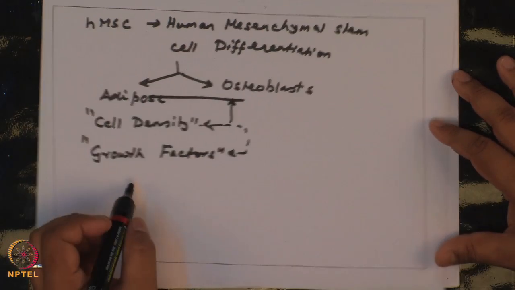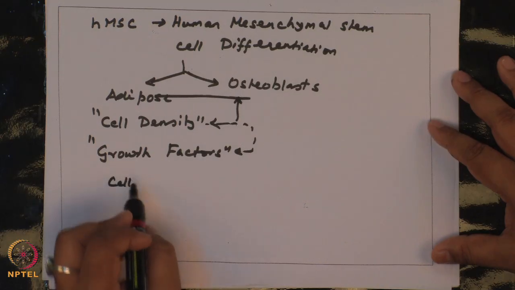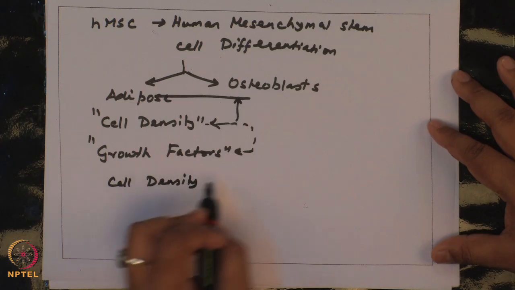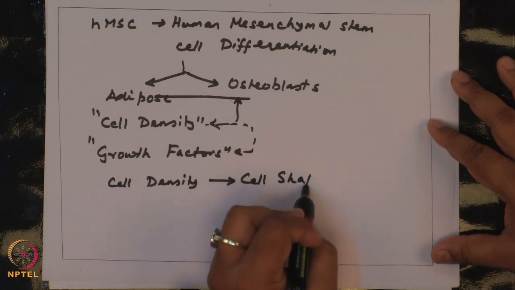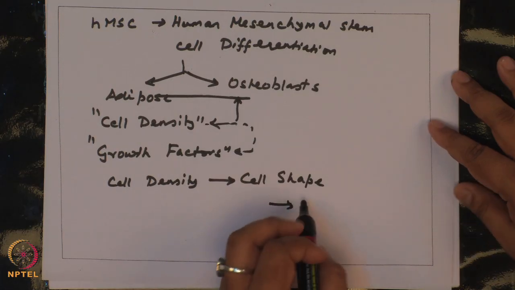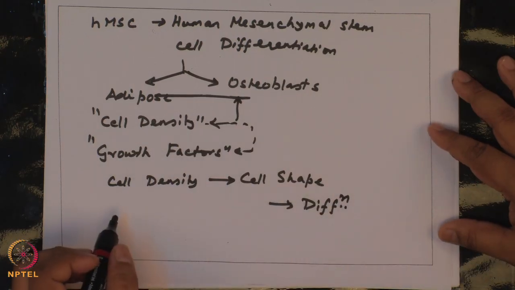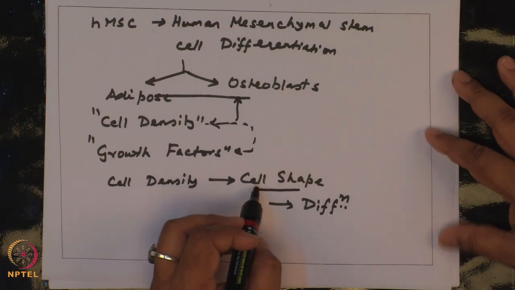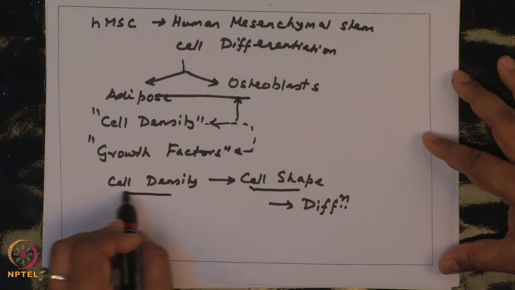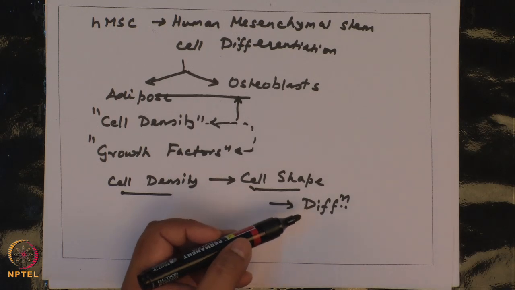Imagine this picture: cell density actually impacts the cell shape, and cell shape then impacts the differentiation status. So, we are saying that it is the phenotype. You are indirectly controlling phenotype by cell density, and then this phenotype is what dictates the overall response.